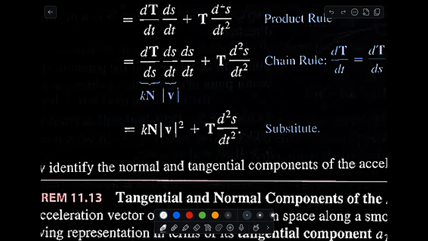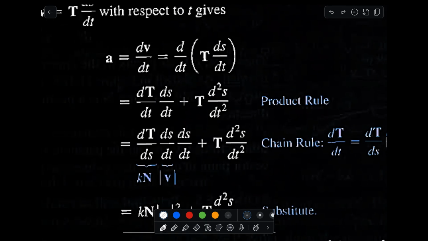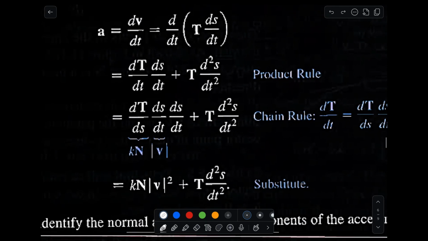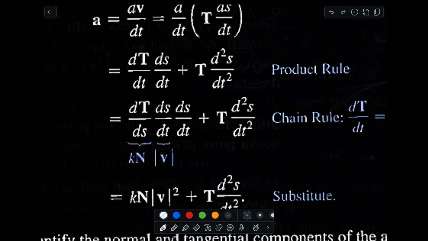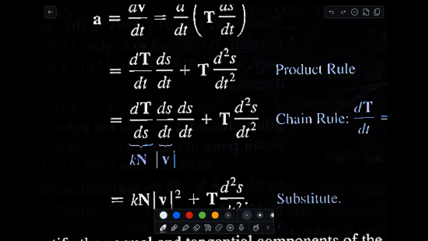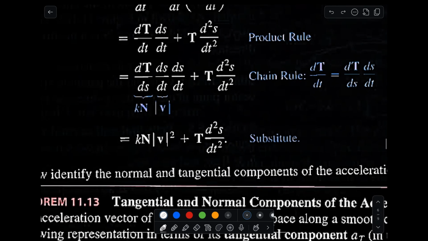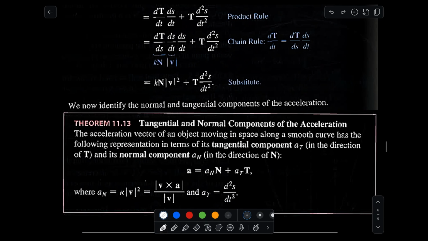And you have t times the second derivative of your position over time. And as I'm looking at this, yes, all right. And yeah, this is what you would get.